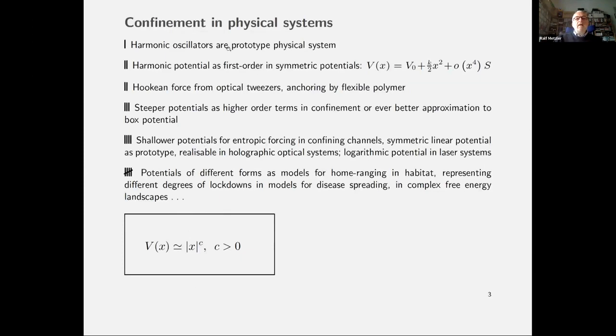Let me quickly say a few words. Harmonic oscillators, of course, in physical systems, are the most prototypical example when we think of anything connected to a potential. The harmonic potential is the first order in a symmetric potential when we neglect higher order terms of order x to the 4 here.